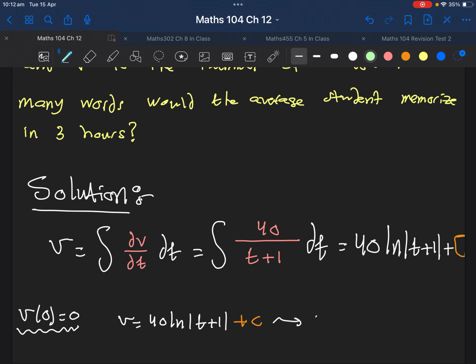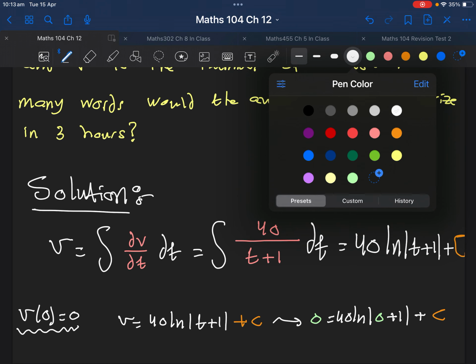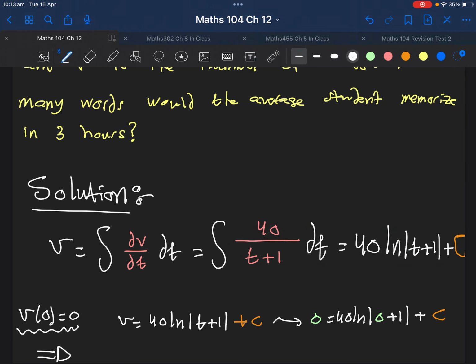Now, if we plug in 0, we get 40 ln of 0 plus 1, plus c. This means my c equals 0. Why equal to 0? Because if you do this with the calculator, the answer is 0. Here is 0. 0 with 0 is 0. So you get c equal to 0.